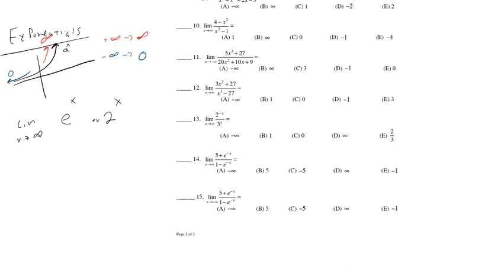So let's look at a simple one. Let's do the limit as x approaches infinity of 2 to the x over 5. Same as before, we're going to imagine plugging in infinity. 2 to the infinity over 5.